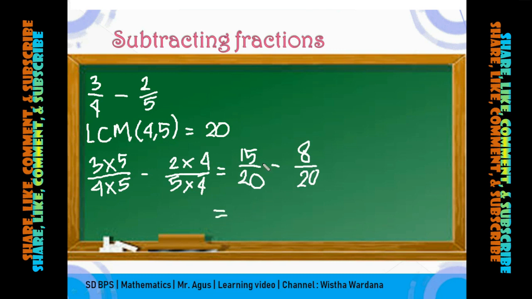You have to subtract the numerator only. 15 minus 8 equal to 7. So, the answer is 7 per 20. Do you understand? If you have question, you can write your question in the comment.